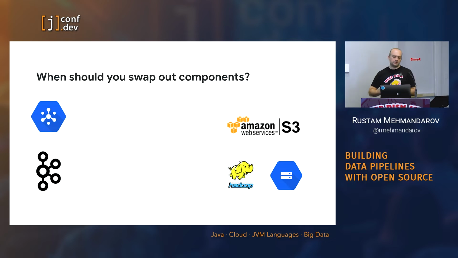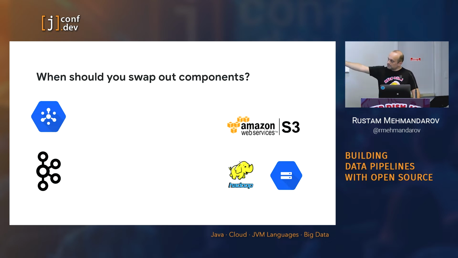If you've seen the abstract of this talk, I talked a bit about swapping components, and what do I actually mean by that? Like what I said earlier, if you want to use one thing for storing stuff, you can use that. If you want to use another thing for storing or reading data, you can do that as well.